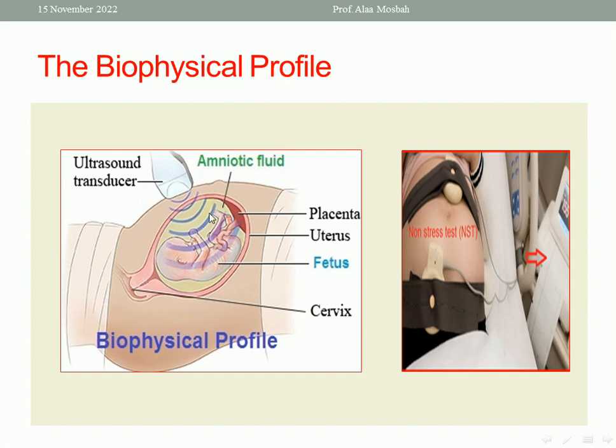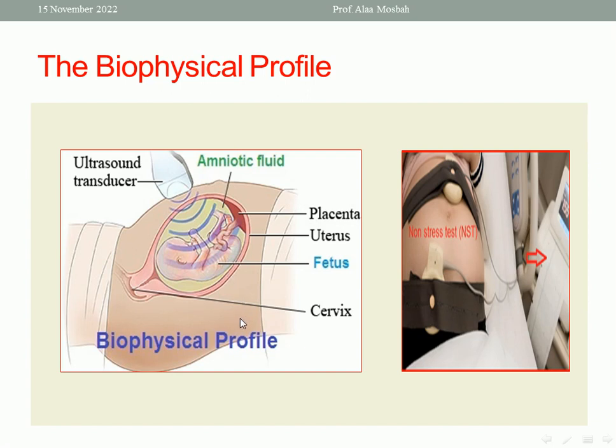So the largest vertical diameter should be within the range of 2 to 8 centimeters. If it is lower than that, this is abnormal. If it is more than that, this is abnormal. Okay.